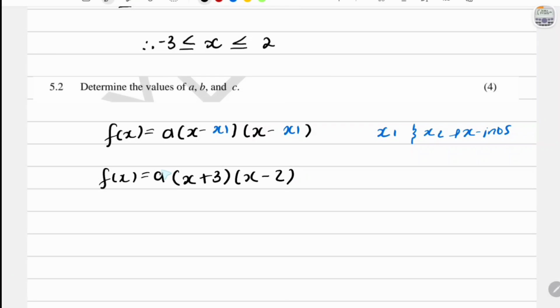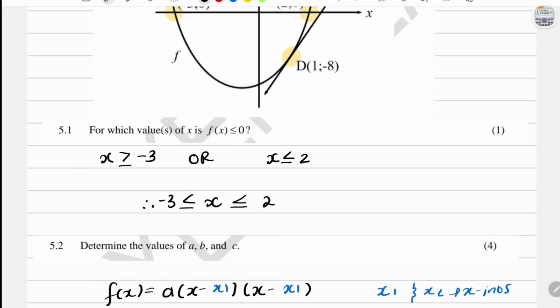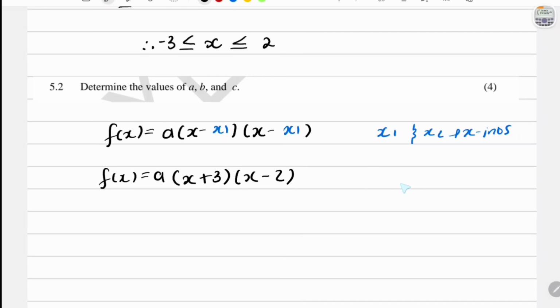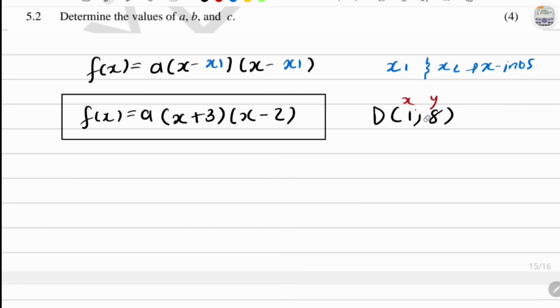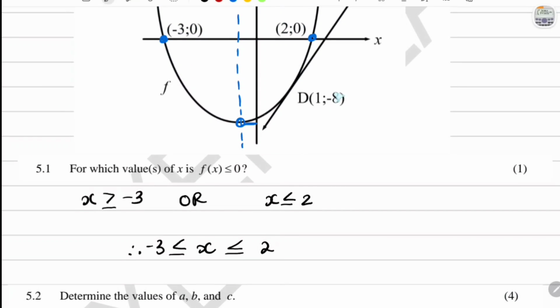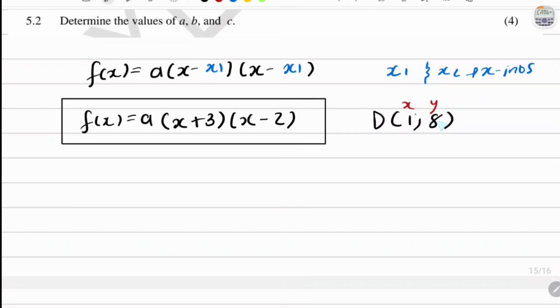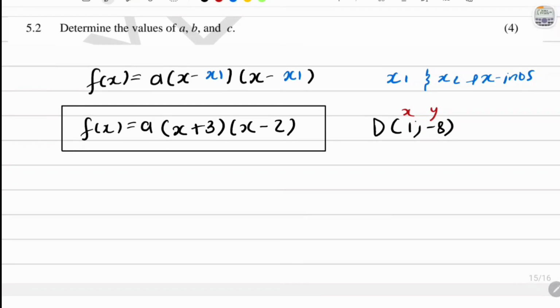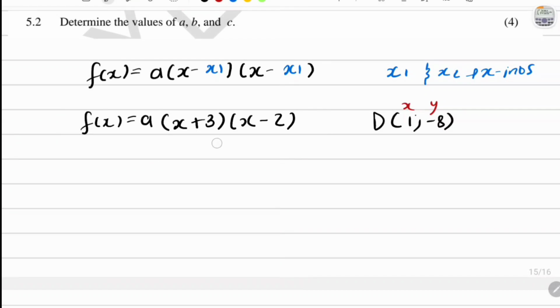Now that we have this, we still need to find a. We've used the x-intercepts, we just have to use the other point. So we're going to use that other point D. I also just noticed that this 8 is not +8, it is a -8. So we can go ahead and substitute it into this formula.